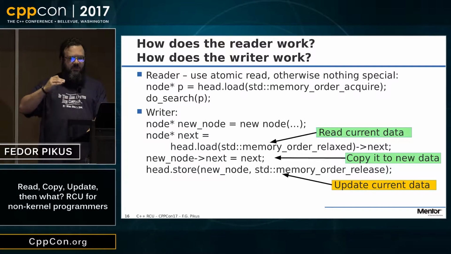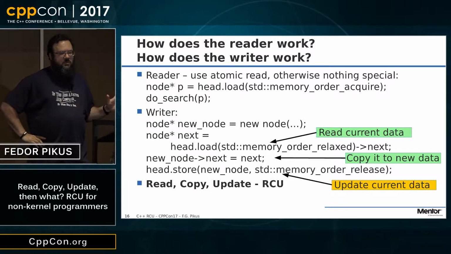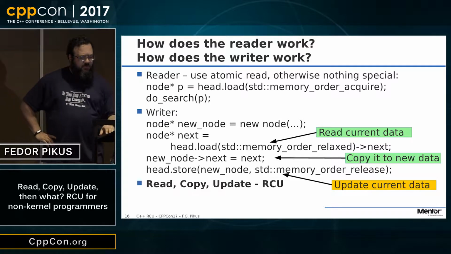So I copied the next pointer and I modified the value. I may or may not have used the old value to compute the new value. And then I updated the current data. I updated the head pointer in this case. So read current data, copy it to the new data, update the current data: read, copy, update. That's what RCU stands for.